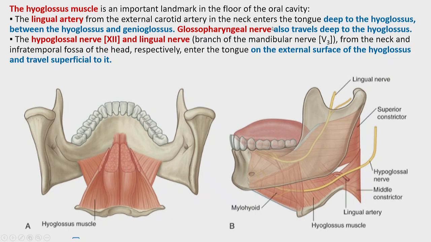The glossopharyngeal nerve, which is cranial nerve number 9, also passes deep to the hyoglossus muscle. The two nerves, the hypoglossal nerve and the lingual nerve, pass on the external surface of the hyoglossus muscle. This is a very important topographical relationship of these structures when you are operating in this area. So you have to know whether the nerve is passing external or internal to the hyoglossus muscle.